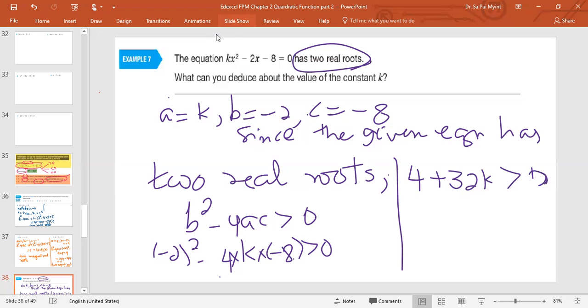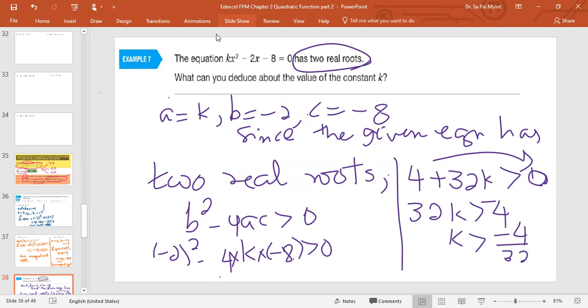So we need to move 4 to the right side. 32k greater than minus 4. k greater than minus 4 over 32. So k greater than minus 1 over 8.